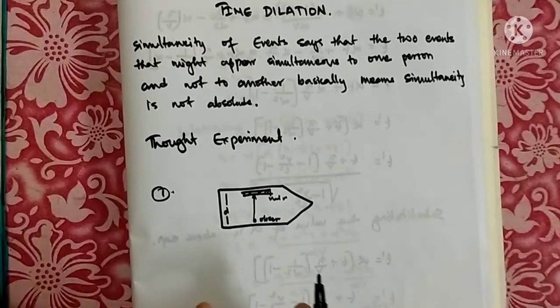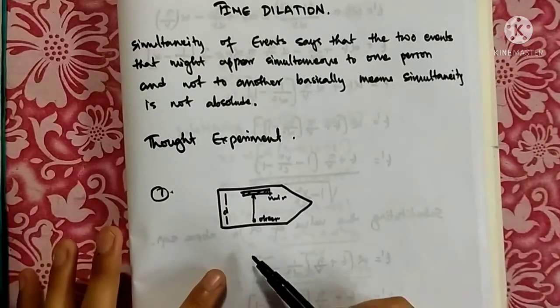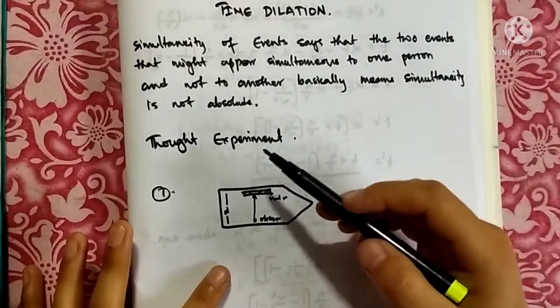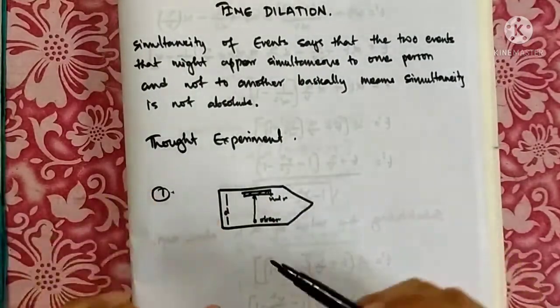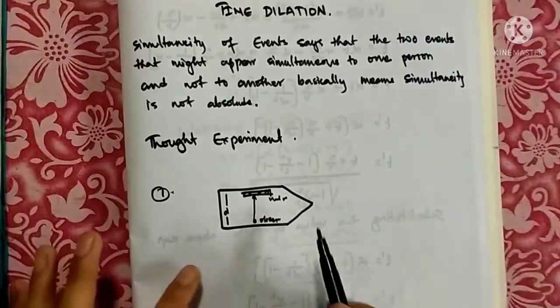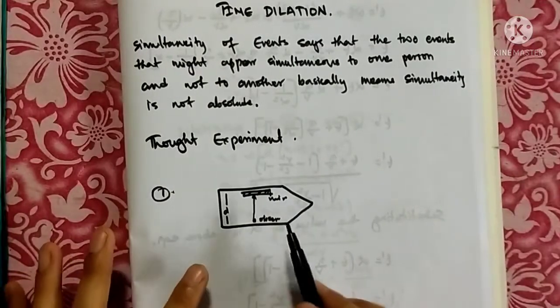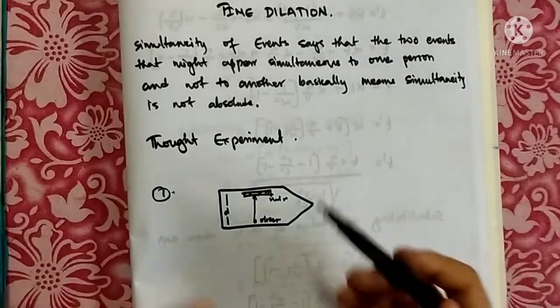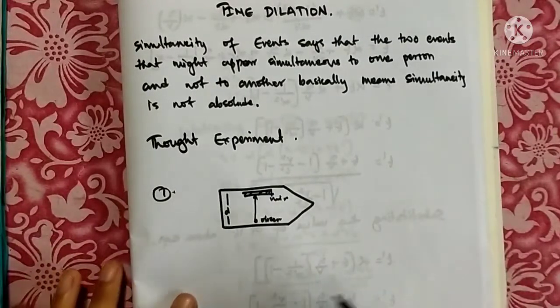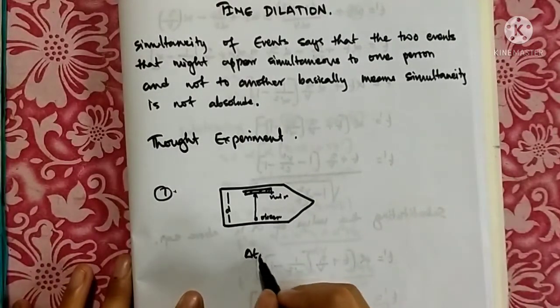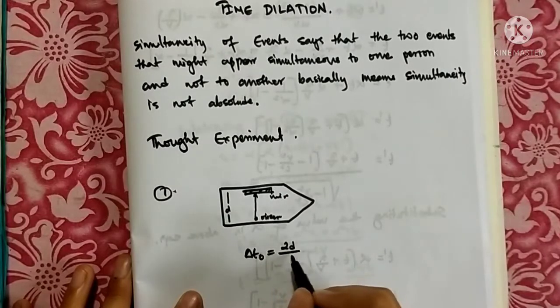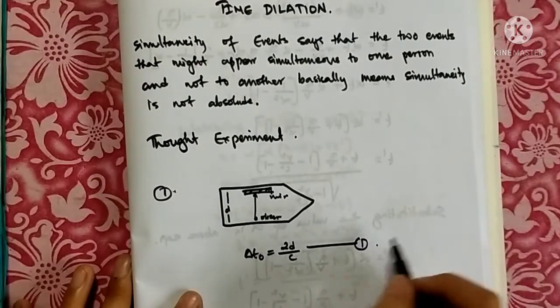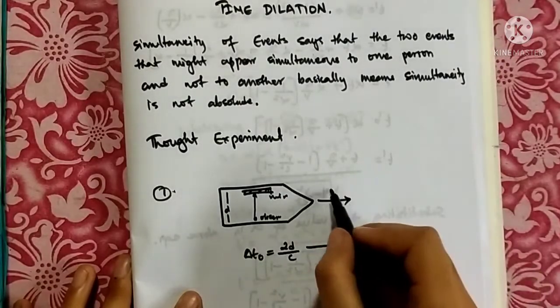To the observer, the ship's light travels directly across, reflects, and travels back. So the time between event 1, that is light leaving the observer, and event 2, light returning, is given by delta T naught equals 2d by c, equation number 1. Here the ship travels with velocity v.